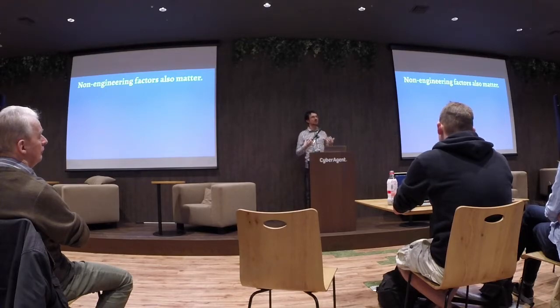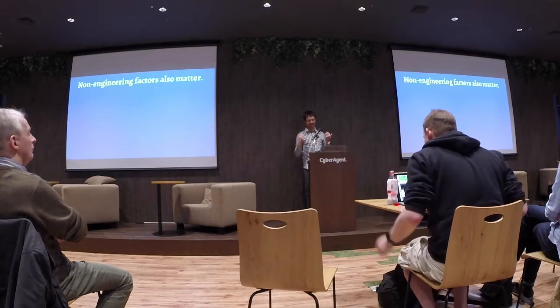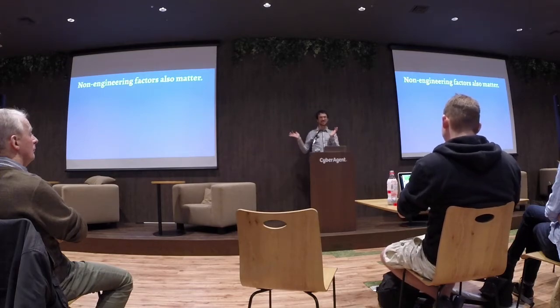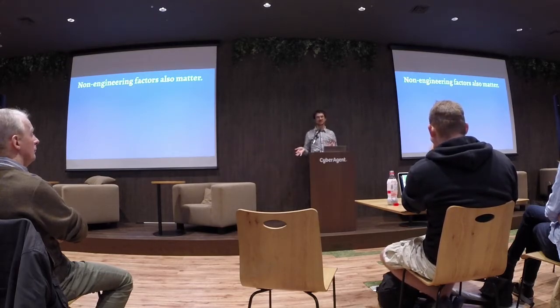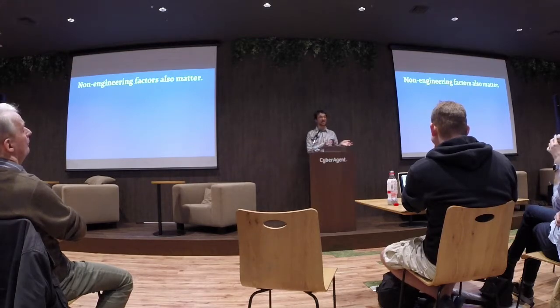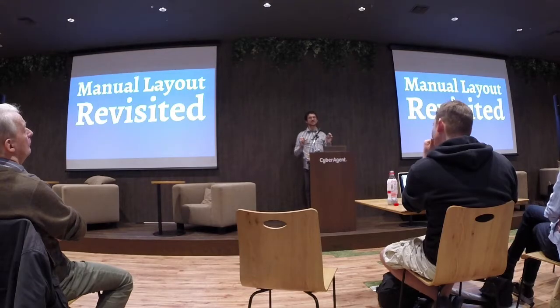While people oftentimes have very strong opinions about layout code and about what is good and what isn't good, and they express those in very 100% yes, 100% no terms, in fact there are a lot of reasons and a lot of different environments that different engineers are operating in, which play into their opinions about layout code. So, this talk is Manual Layout Revisited.